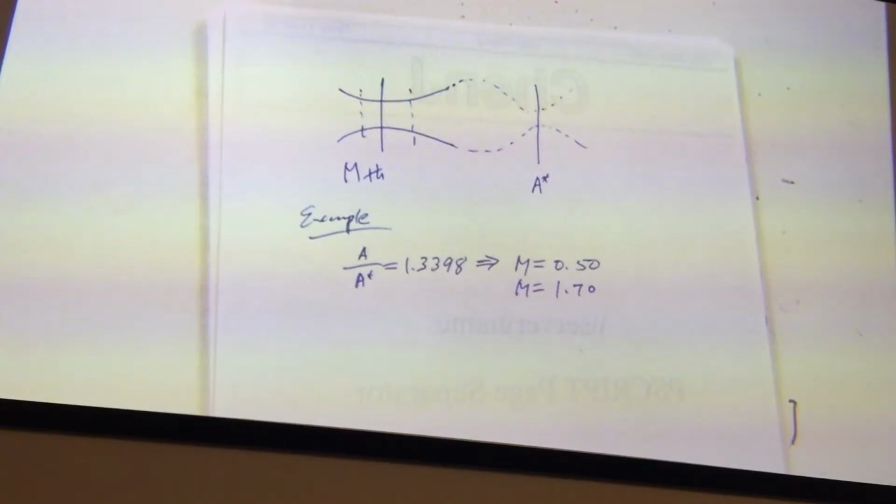But apparently one is a supply, one is a demand, right? So there are two solutions to it. So you need to exercise judgment whether it's supersonic or whether it's subsonic. Right? Then you can do it in several ways.